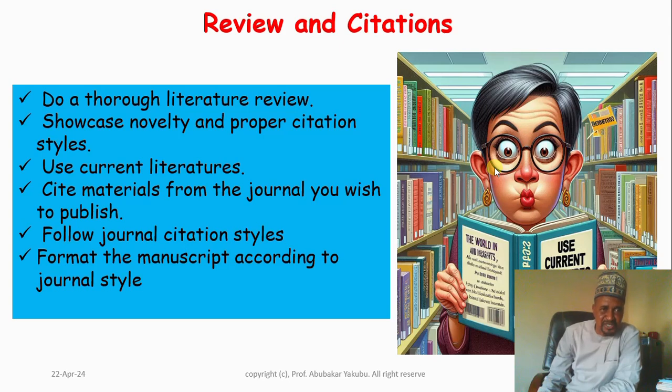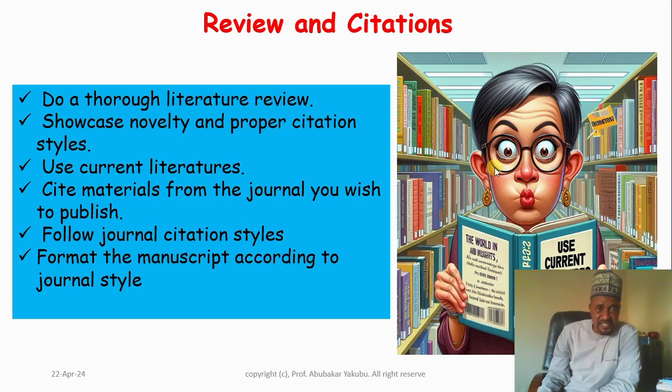So use current literature. Cite materials from the journal you wish to publish in. For example, if I want to publish my material in journal ABC, it's important that I cite materials from that same journal ABC in the work I wish to publish in journal ABC. Yes, it gives it that flavor. It gives it that express pass for it to be published in ABC.